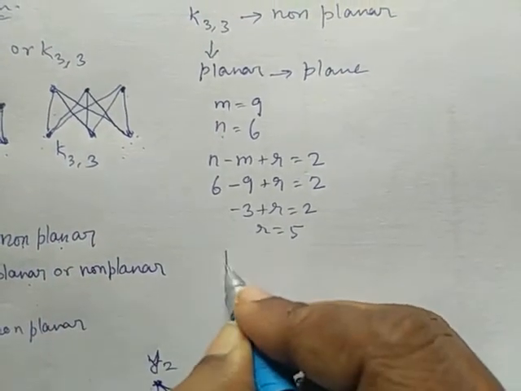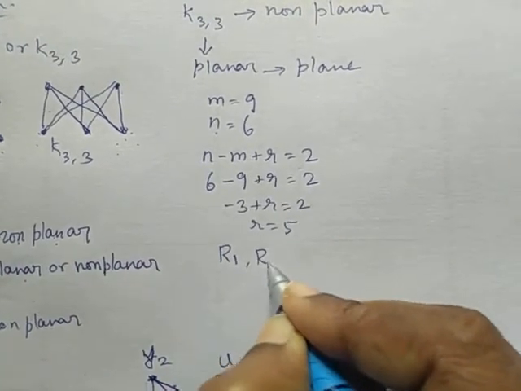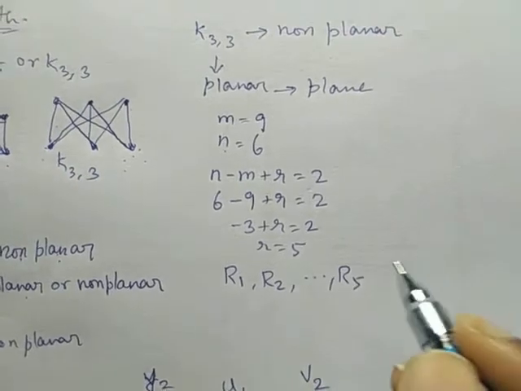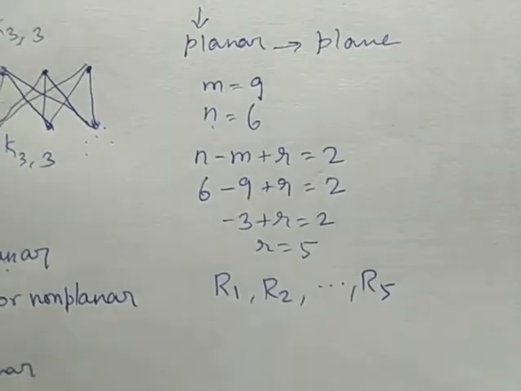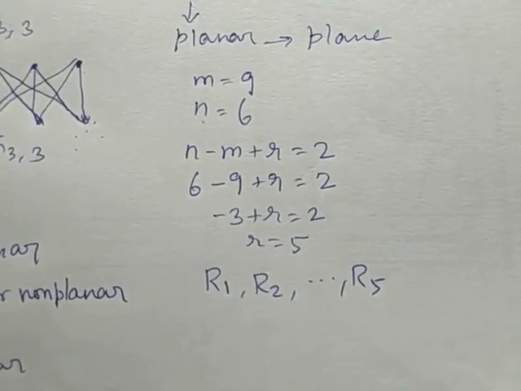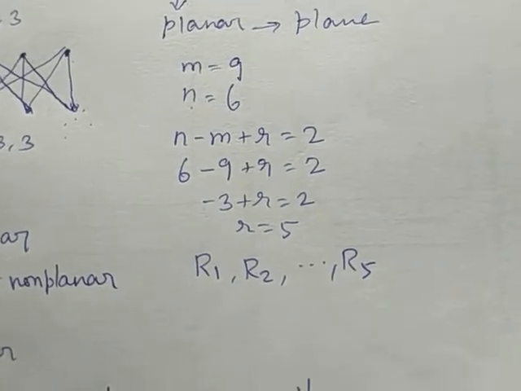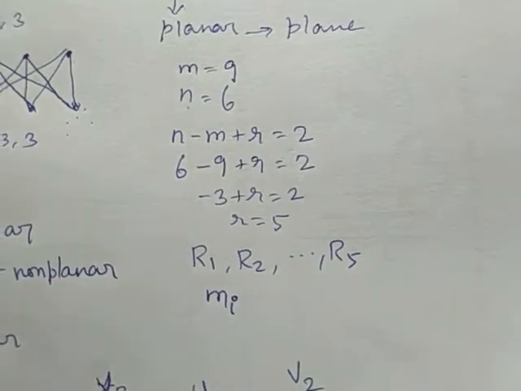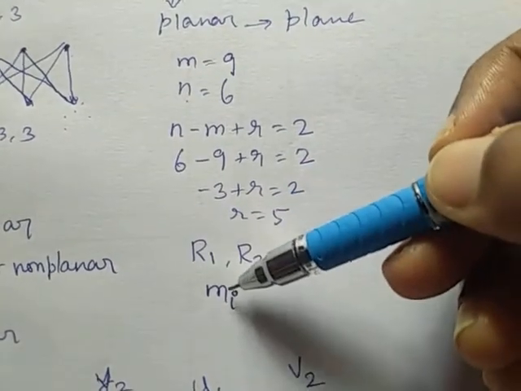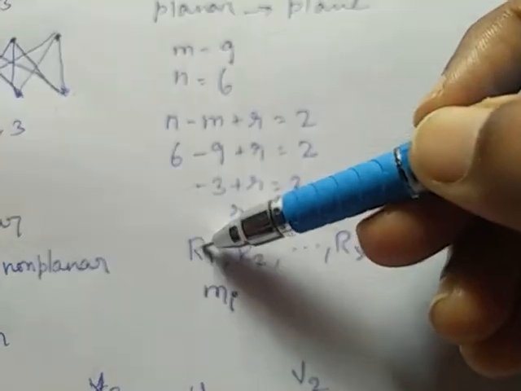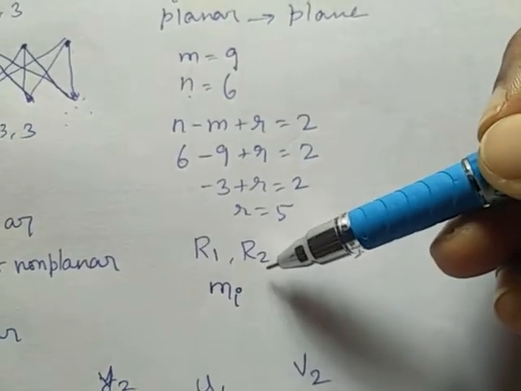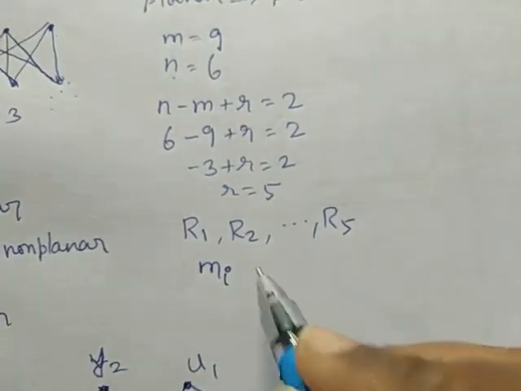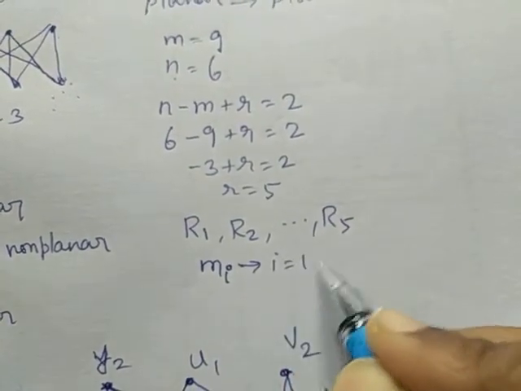Now, we are having 5 regions R1, R2, R3, R4 and R5, and each region has boundaries. So, R1 has m1 number of edges as its boundary. m2 is the number of edges in the boundary of R2, etc. So, here also we have i equal to 1 to 5.